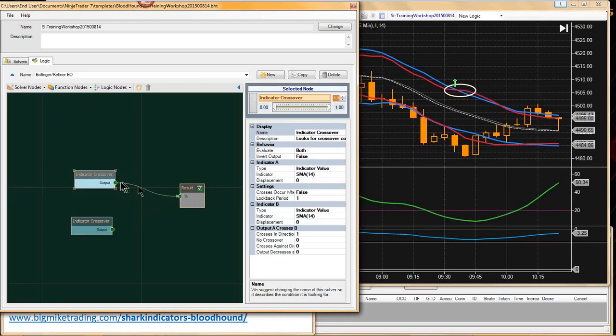Okay, so let's connect up the first one. This first one will be looking at the upper bands. I'm going to abbreviate the names here. So we've got a Bollinger and Keltner, and this is going to be the upper band crossover.